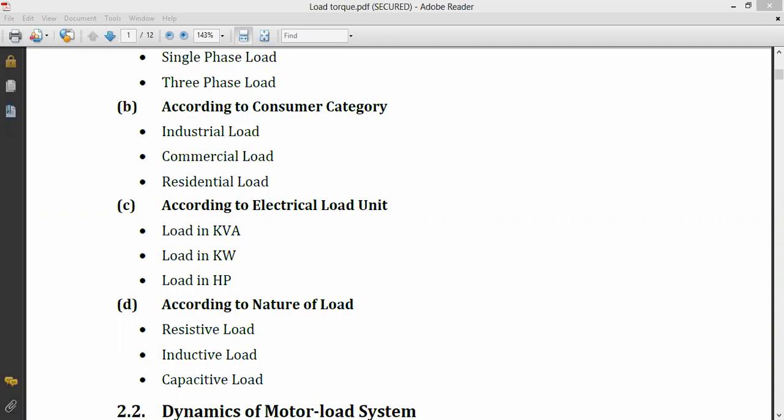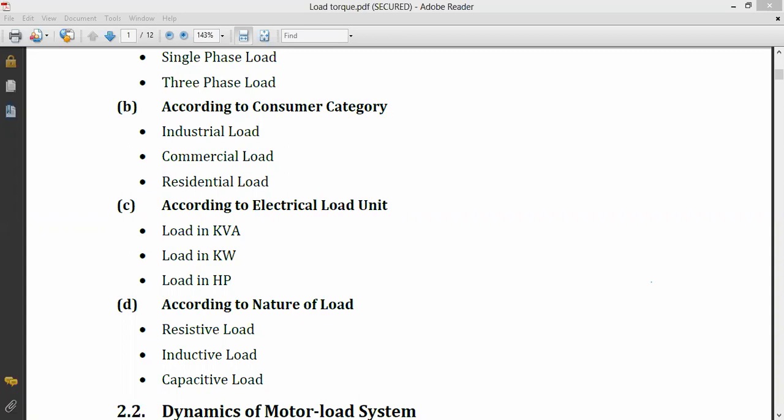So one point here you should keep in mind: the industrial load, the commercial load, or the residential load may or may not be a single phase load or a 3-phase load, but only and only your residential load is a single phase load, whereas your commercial load as well as your industrial load may be a 3-phase load or a single phase load.